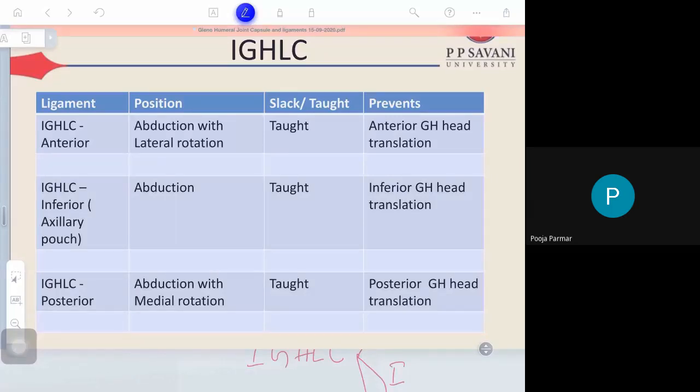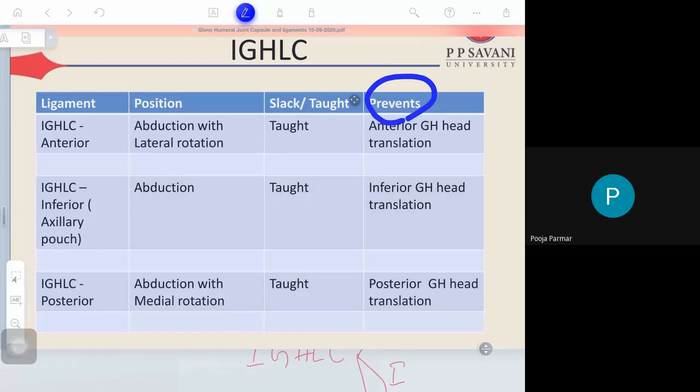So here this point I will explain. What is the function of the ligament? Whenever the ligament is taut, the stability in that particular area will increase. Clear? For one example, I will explain.